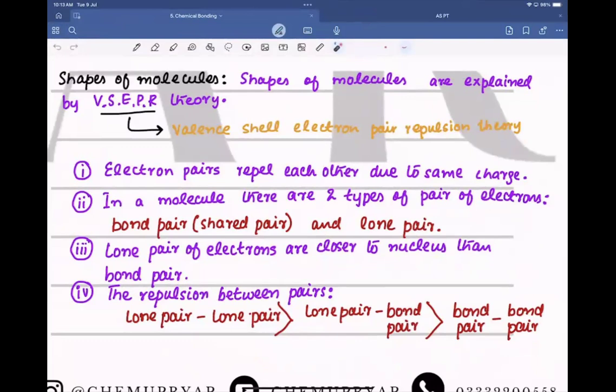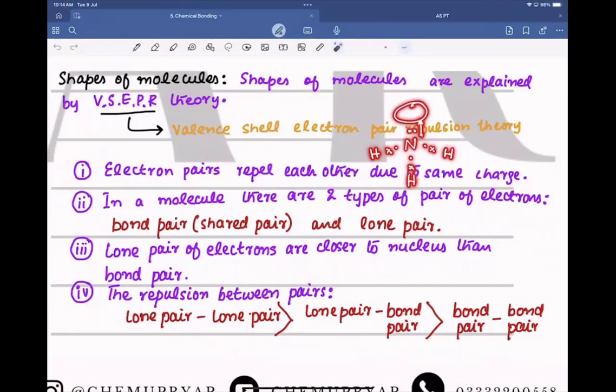For example, if you see, this is a nitrogen, and here we have a shared pair between nitrogen and hydrogen, right? Yes. Here we have a shared pair between hydrogen and nitrogen, and here we have a shared pair between hydrogen and nitrogen, and here I have a lone pair, right? Is there any atom opposite to this lone pair which can attract this lone pair?